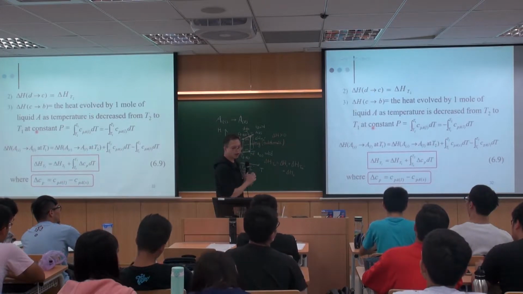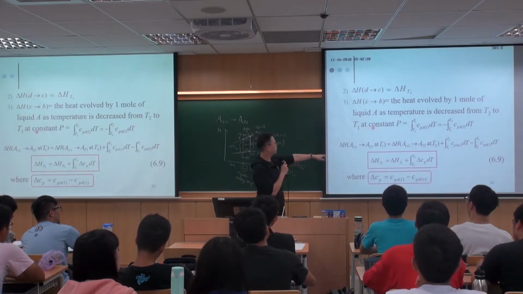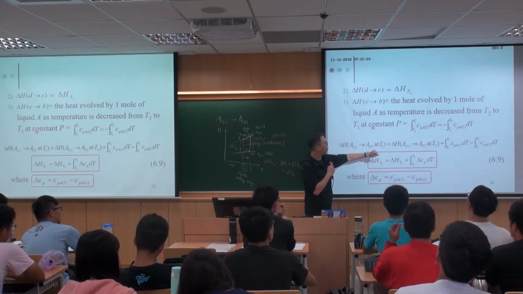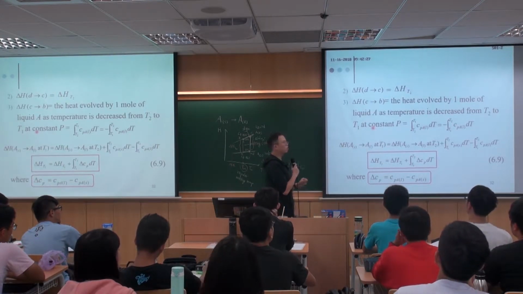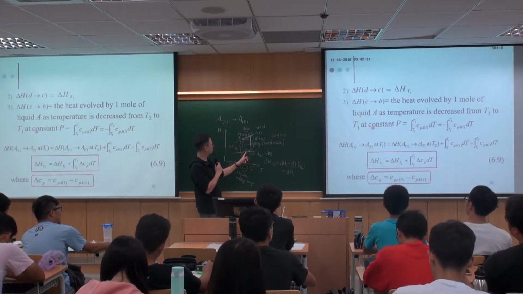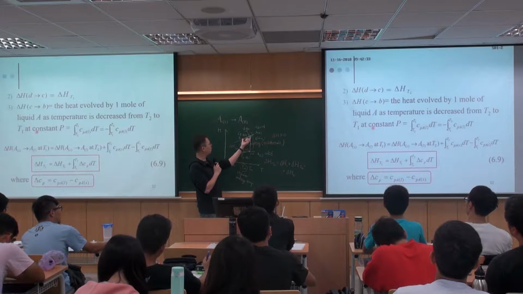So the bottom line is that when you try to calculate this at T1, it is actually the delta H at T2 plus those two integrations. And those two integrations correspond to, again, this part and this part.